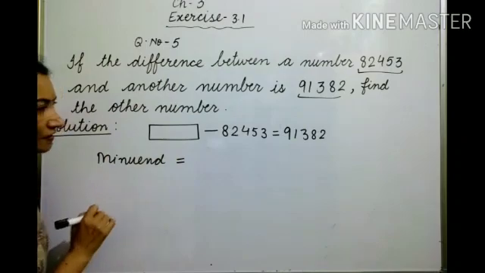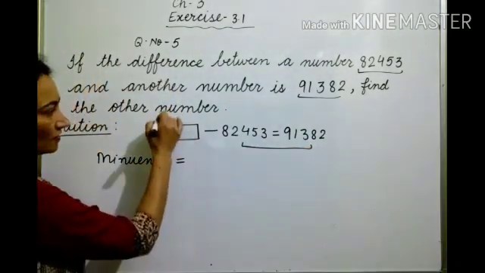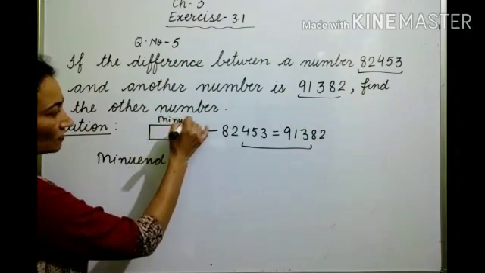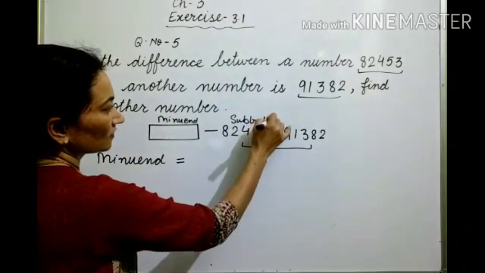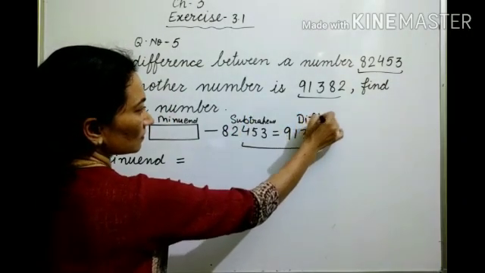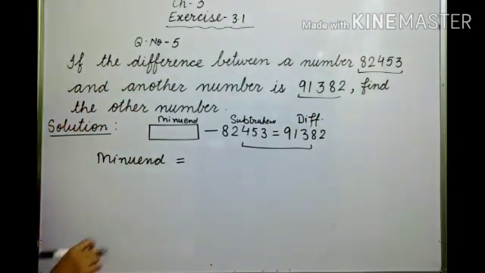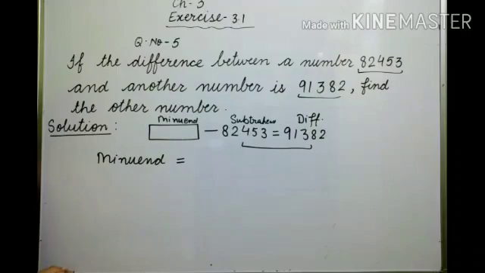Minuend will be found by adding these two numbers. This is minuend, this is subtrahend, and this is difference. Clear? If we add difference and subtrahend, then we can find minuend.